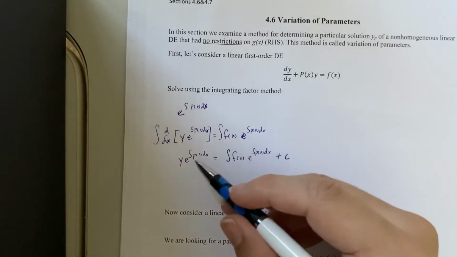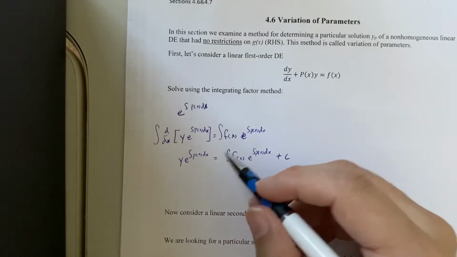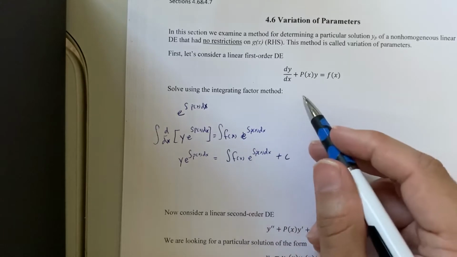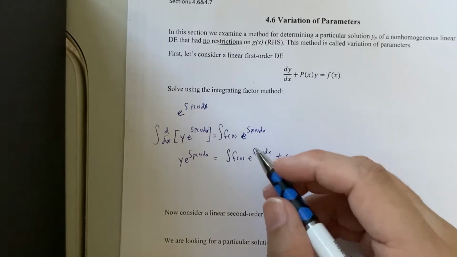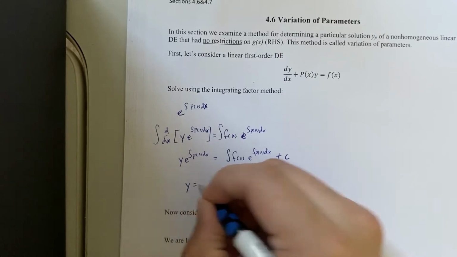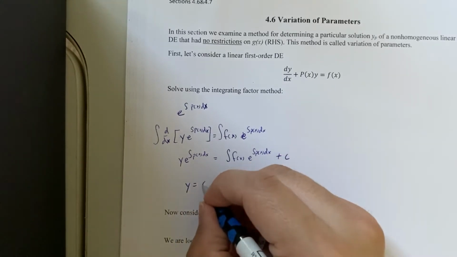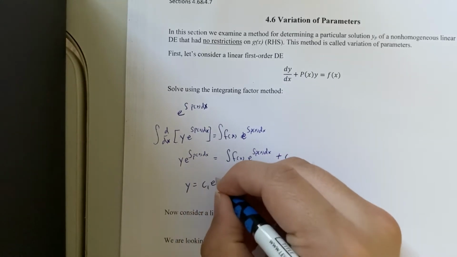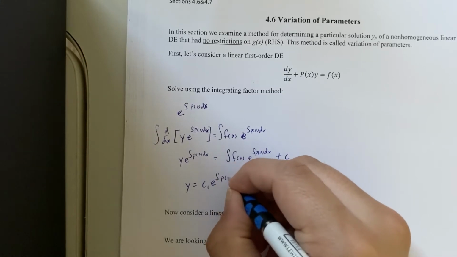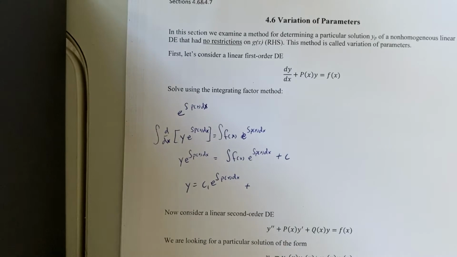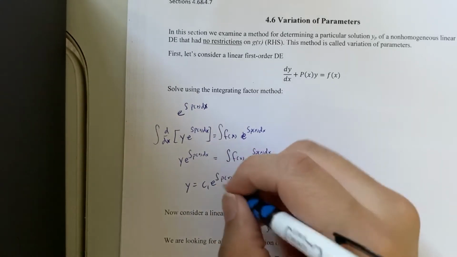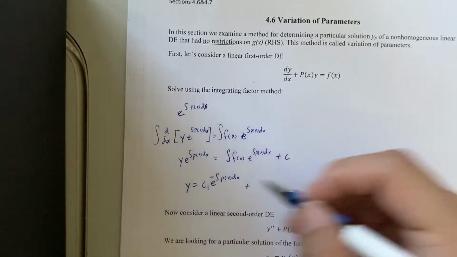So we really want to solve for y. We want to find out what is the solution to this first order differential equation. We're going to have one y sub 1, and so y is going to equal c sub 1 times our integrating factor, and let me go ahead and put a negative there because I would be dividing it.